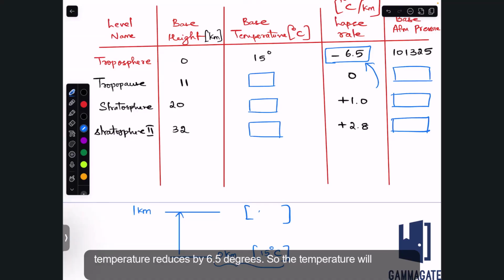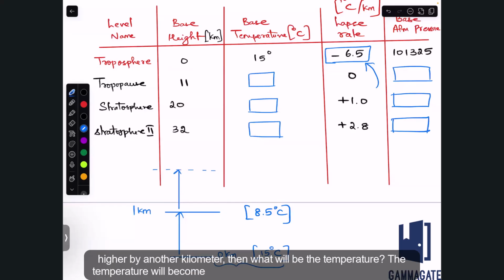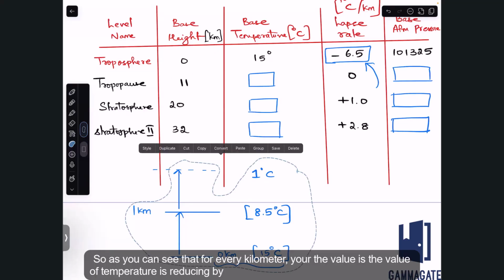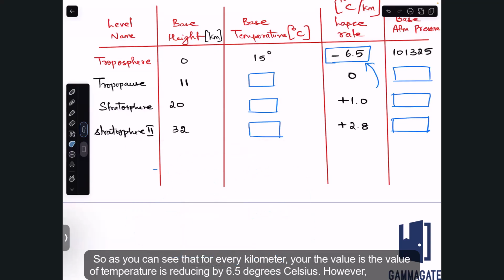So the temperature will become 8.5 degrees Celsius after 1 kilometer. Similarly, if you go higher by another kilometer, the temperature will become less by 6.5, so it becomes 1 degree Celsius. So for every kilometer, the temperature is reducing by 6.5 degrees Celsius.